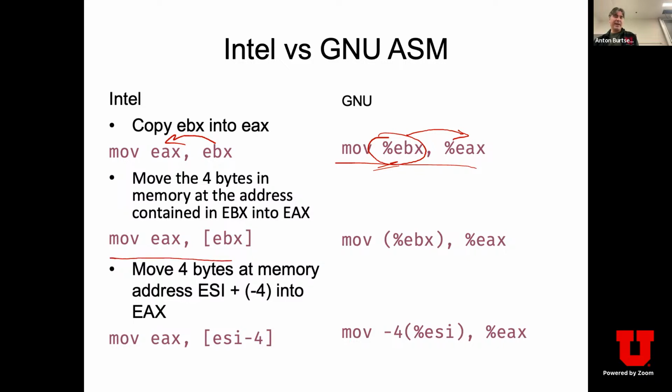If I want to access 4 bytes in the memory area pointed to by the EBX register and save it into EAX, on Intel you write it this way. On AT&T, you write it with braces, and it goes this way, right? I just wanted to make sure we understand it, because the x86 code we use in class will have bits of AT&T assembly.